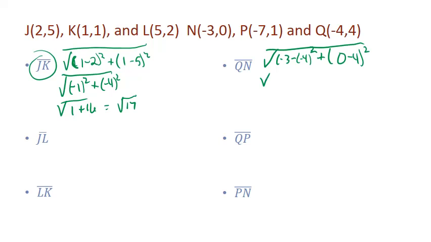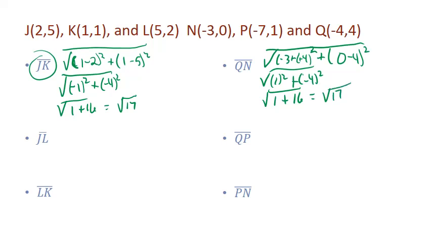Well, let's see, -3, this is going to make that a positive, plus what? So that's going to be 1 squared plus -4 squared, 0 minus 4, -4 squared. And of course, 1 plus -4 squared is 16. And that equals the square root of 17.